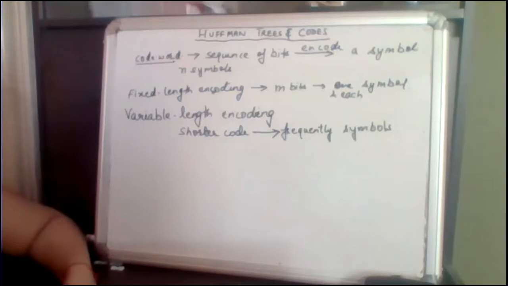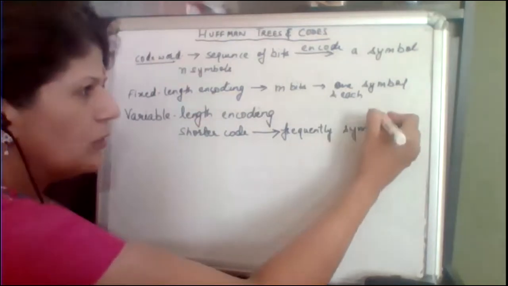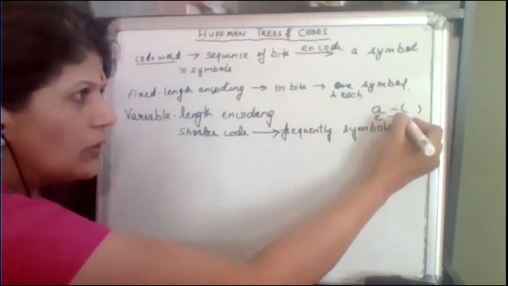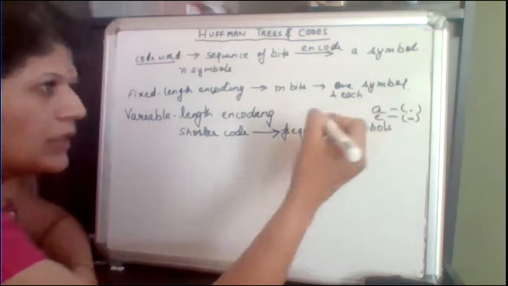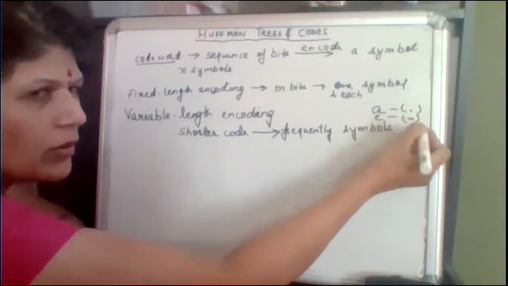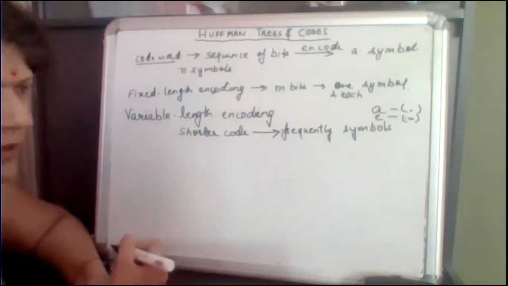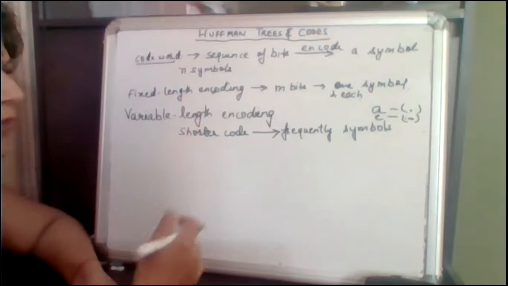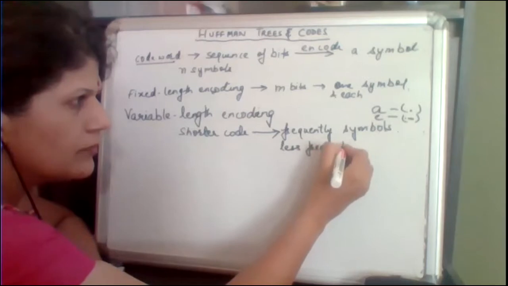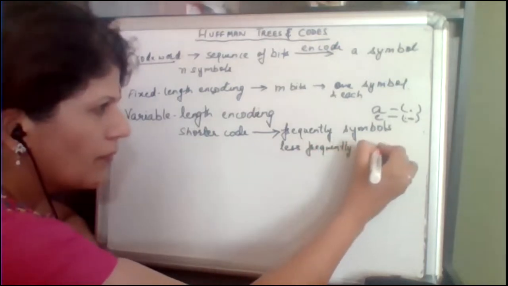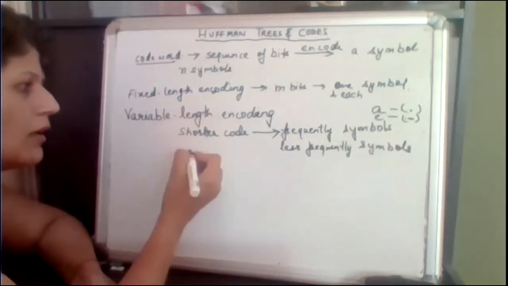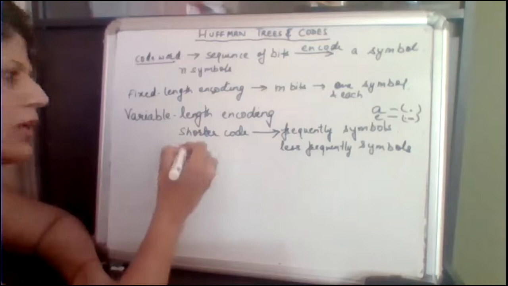Those symbols which are occurring again and again, let's say you have A, E, those kinds of vowels, will be using something like this, so that you have only 1 or 2 bits required to represent them. Whereas for the less frequently occurring symbols, we will be using a higher length or longer code words.